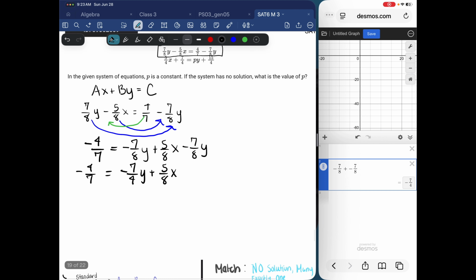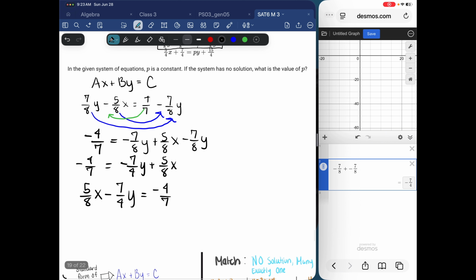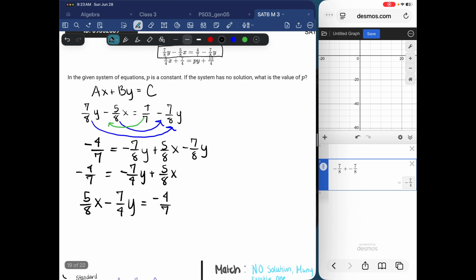Now I'm just going to switch the equation around so I can see it better. So it's 5 over 8 x minus 7 over 4 y equals our constant c, which is negative 4 over 7. Okay, now since it's in standard form, I can find the slope by doing negative a over b.